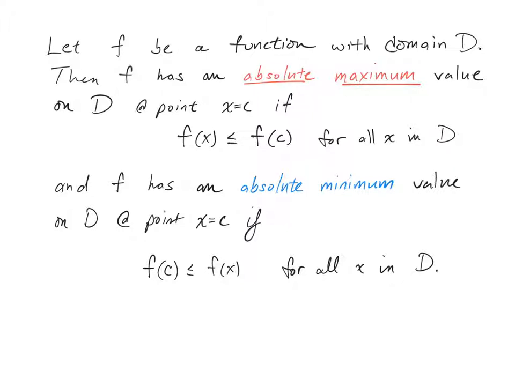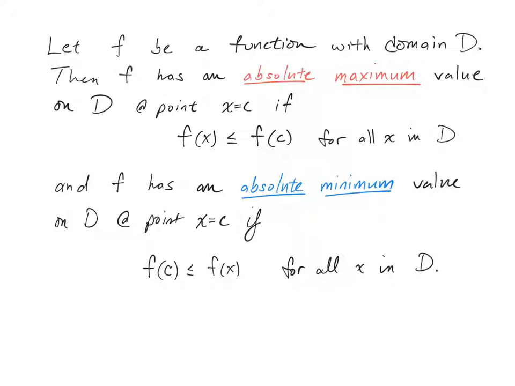And similarly, f has an absolute minimum value on the domain D at point x equals c if f of c is less than or equal to f of x for all x in the domain. So this is very, very mathy.